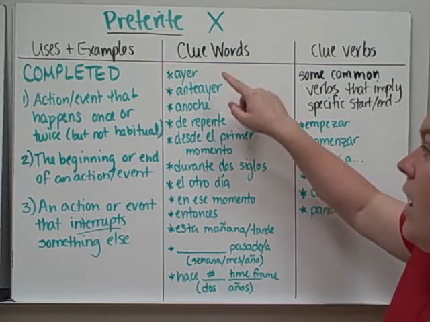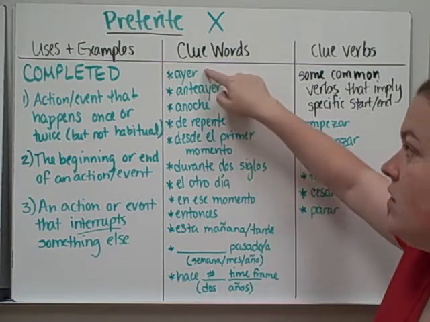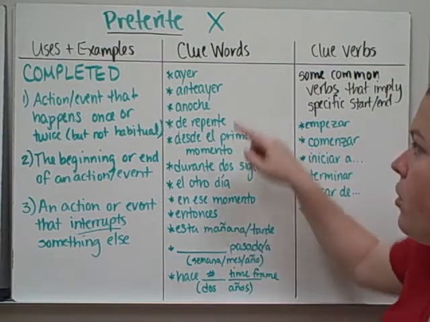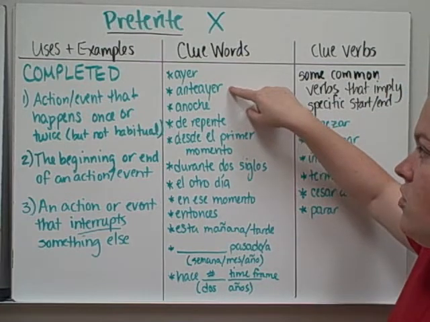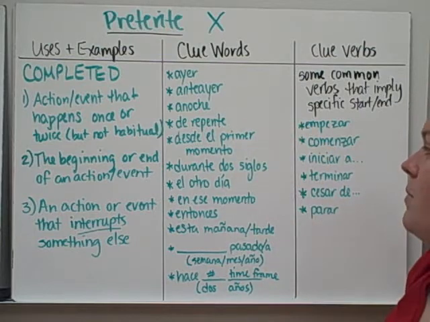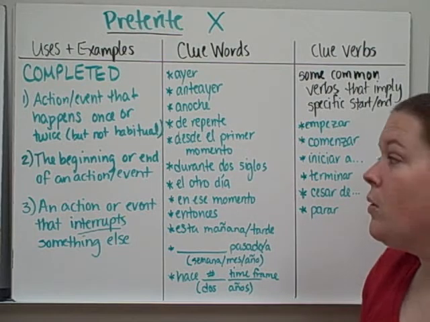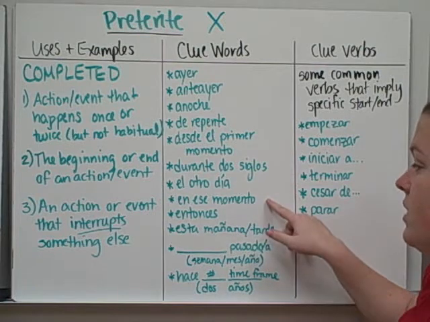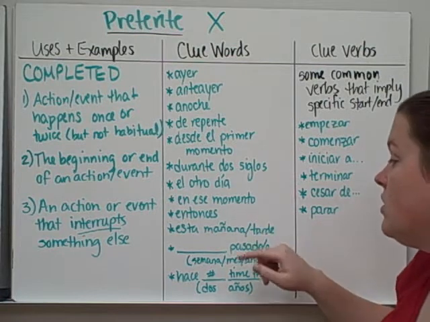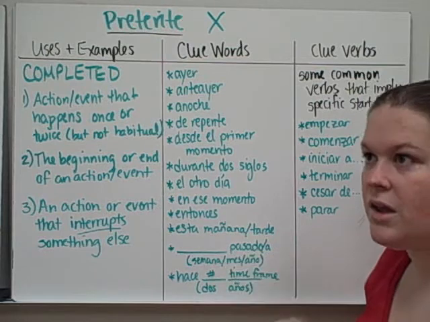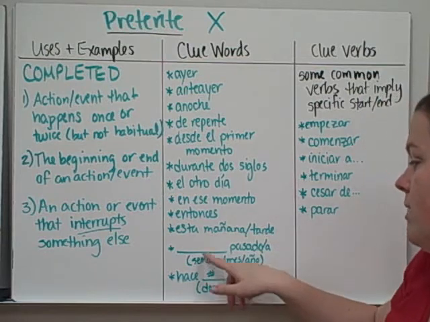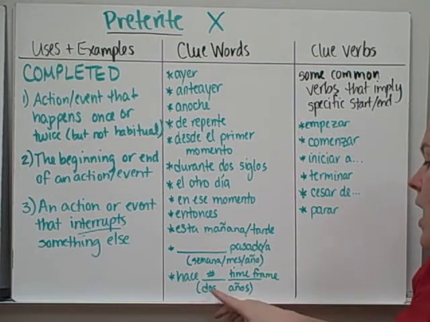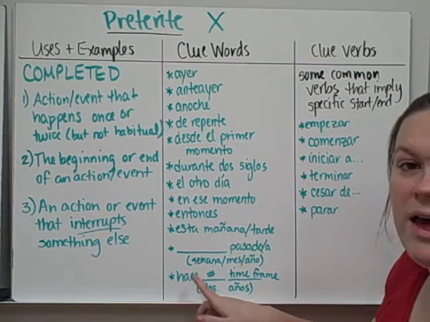Clue words are ayer, anteayer, so this is yesterday, the day before yesterday, anoche, last night, de repente, desde el primer momento, durante 2 siglos, el otro día, en ese momento, entonces, esta mañana, esta tarde, esta noche, la semana pasada, el mes pasado, el año pasado, or hace 2 años, hace 5 días.